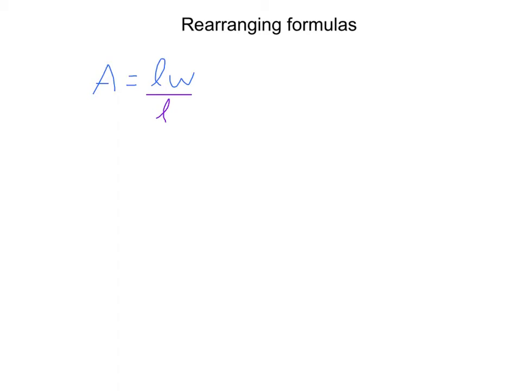And of course, what we do to one side of an equation, we have to do to the other. So that way, when we isolate our W, we will get our area divided by our length equals our width. We now have an equation that we can use to figure out what our width is.